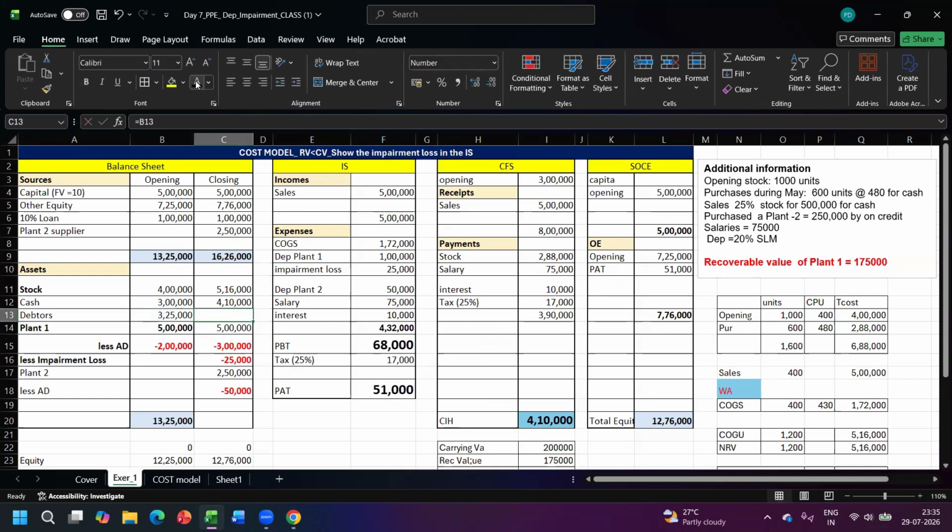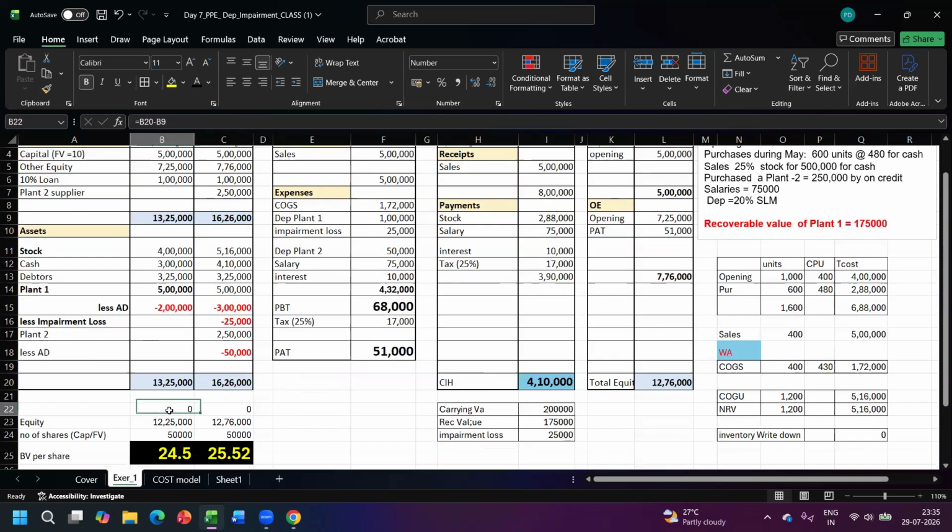As a result, our balance sheet should tally, and that is 16,26,000. And the balance sheet tallies because we know A is equal to E plus L, because of the dual aspect concept, which is a fundamental accounting principle.